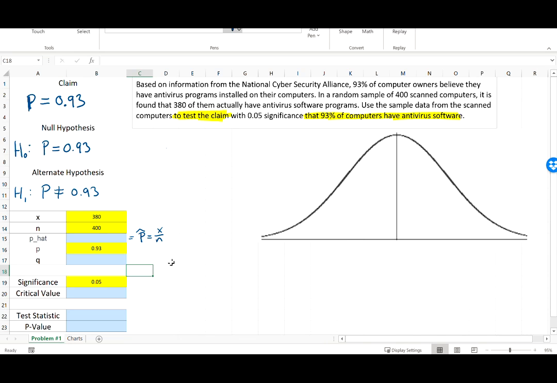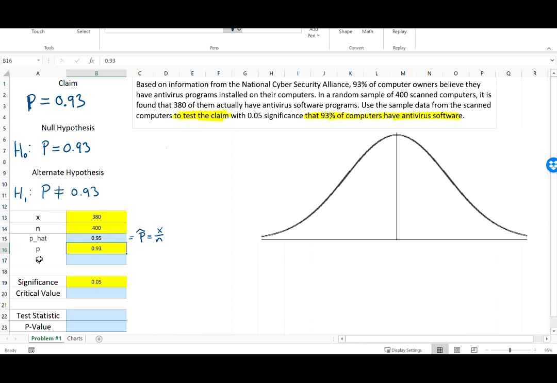So we have X and N up here. So it's equal to X divided by N. And down here, you see our sample proportion is a little higher than our assumed population proportion.